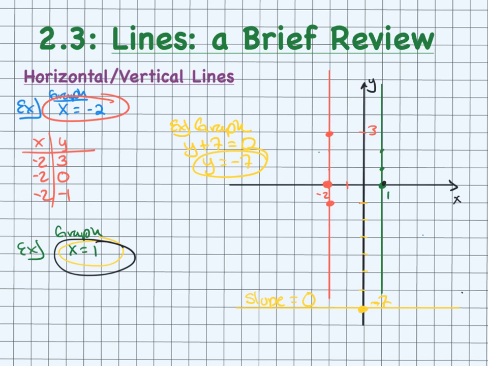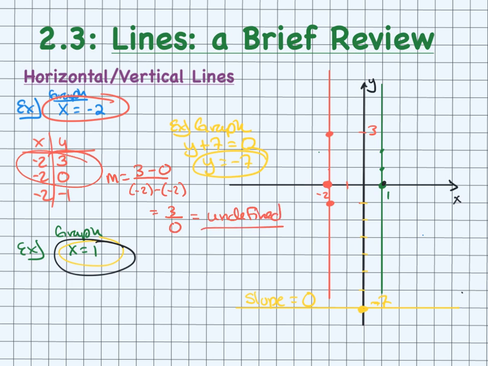For a vertical line, if you were to verify it, say you were to find between any 2 points, -2, 3 and -2, 0, the slope between those 2 points, maybe doing 3 minus 0 and -2 minus -2, you would get 3 in the numerator, but you would get 0 in the denominator, which is undefined.